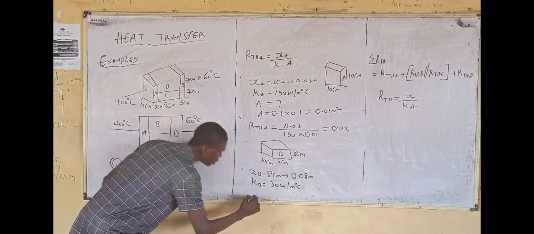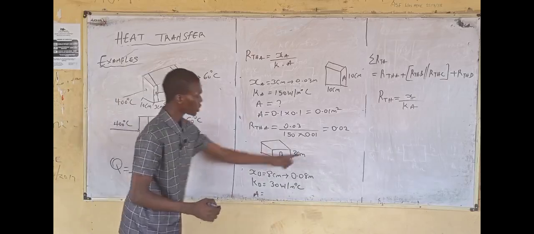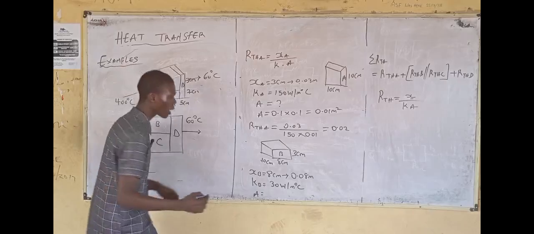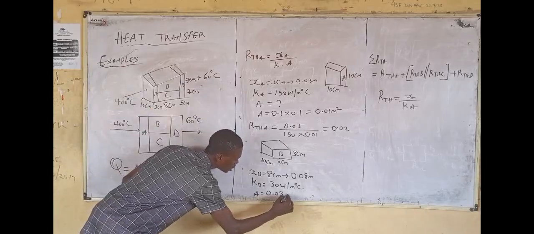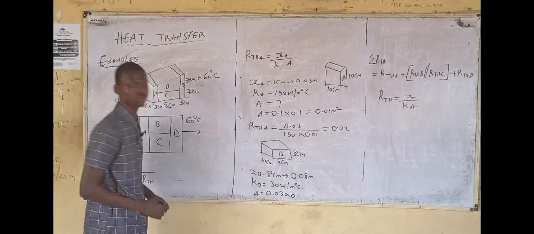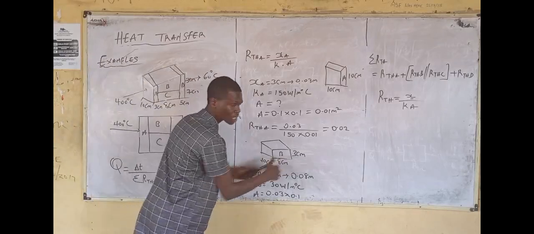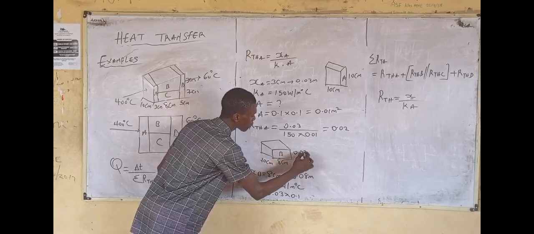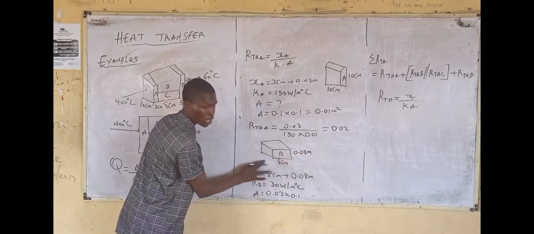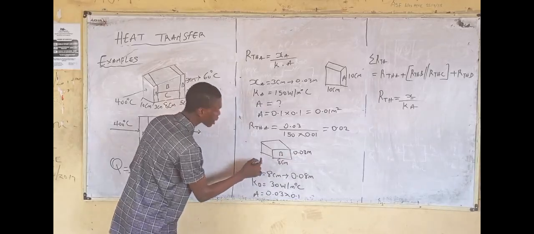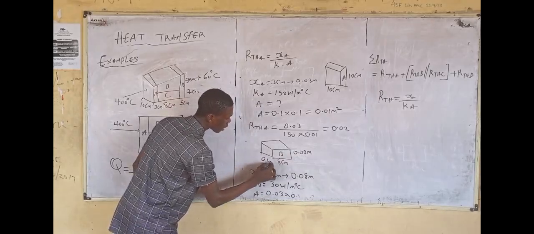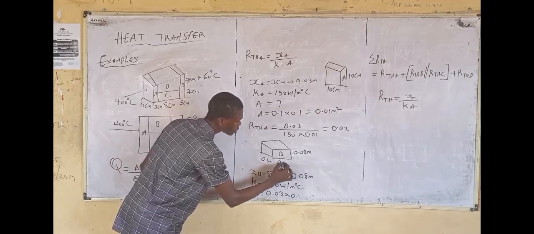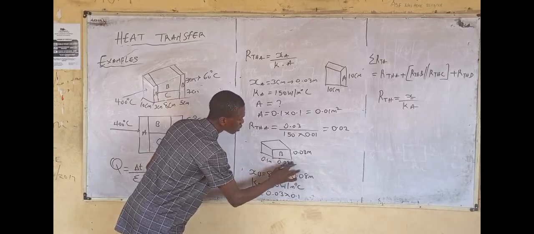The area of wall B will be equal to 3 times 10, but in this case, we are converting to meter. Hence, we have 0.03 times 0.1. Converting 3 centimeter to meter gives 0.03, 10 centimeter gives 0.1 meter, and 8 centimeter gives 0.08 meter.